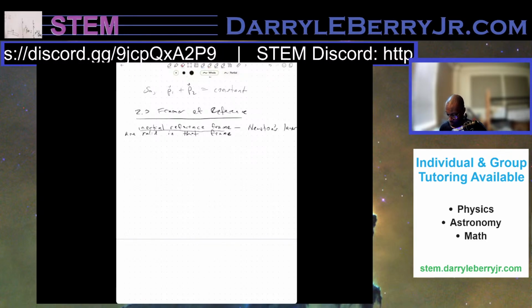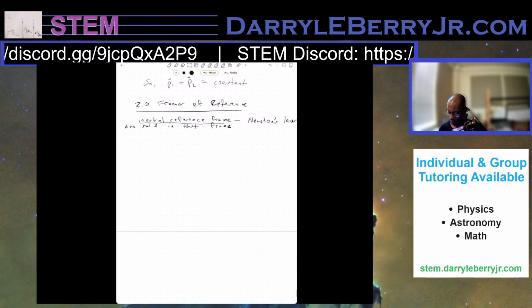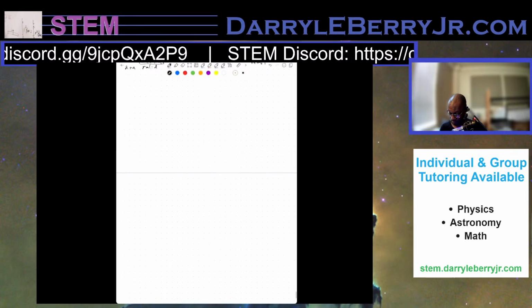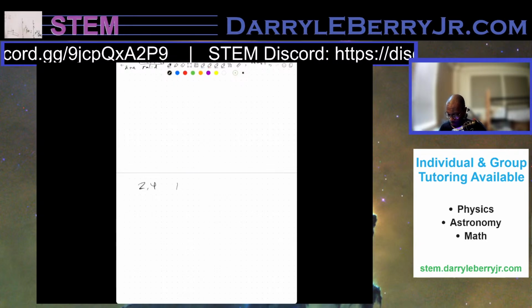Now we're in section 2.4. In 2.4, we created a motion for a particle.